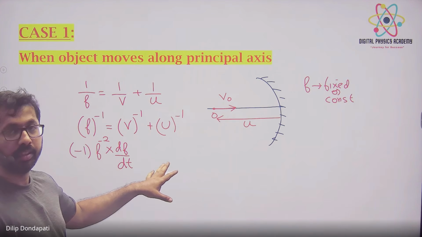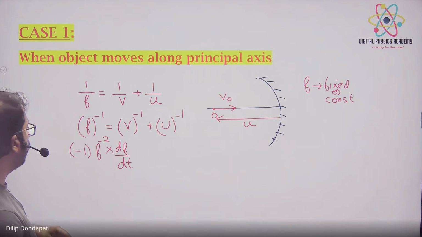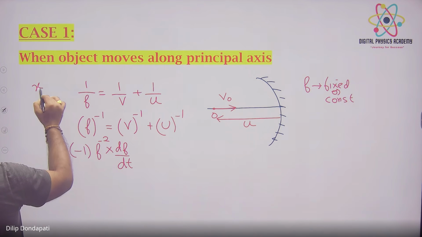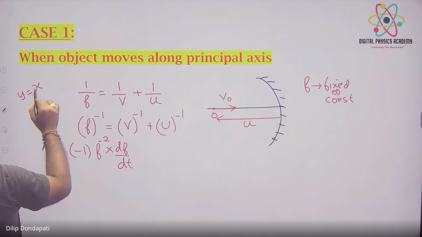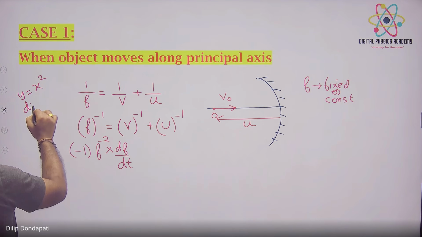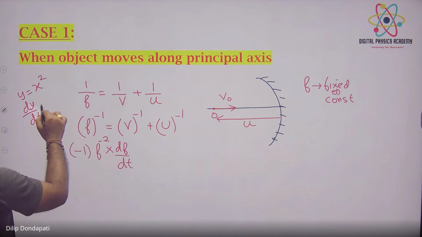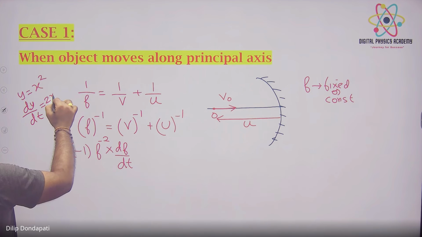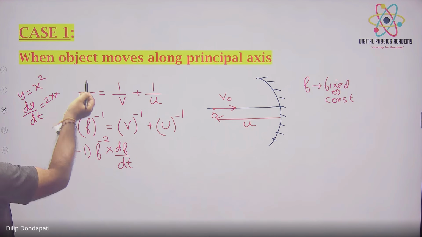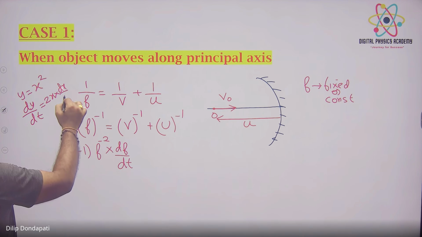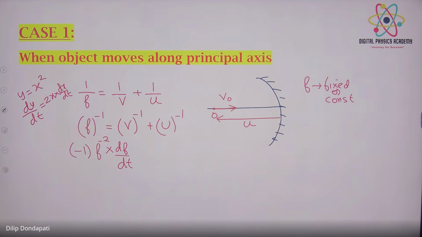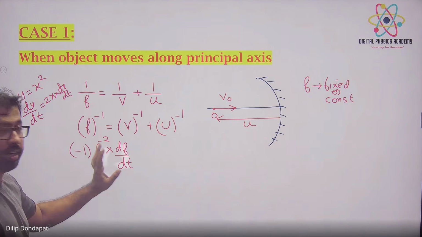F is constant, so at the end it becomes 0. For example, if y is equal to x square and we want dy by dt, we are not differentiating with respect to x. So we do 2x into dx by dt, since x depends on time. In the same way, differentiate and put df by dt.